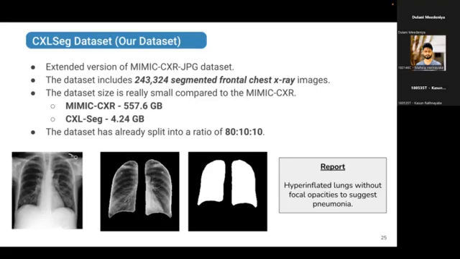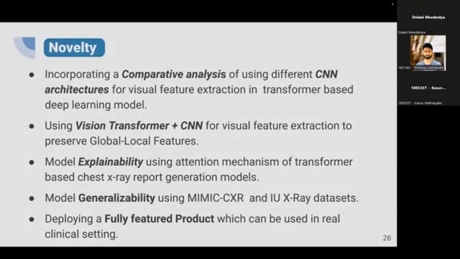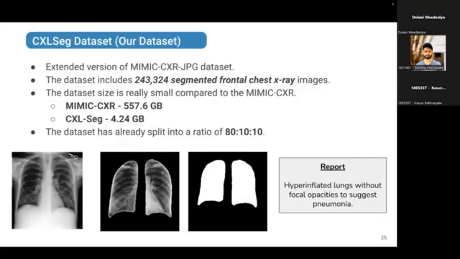In CXR-SEG, we have around 243K segmented frontal images, and it is only 4.24 GB in size, which is smaller than the MIMIC-CXR dataset. And we have changed the split ratio to 80-10-10, randomly splitting the images. For image segmentation in this dataset, we have used the existing SA-UNet model. So currently we have published the dataset on Physionet.